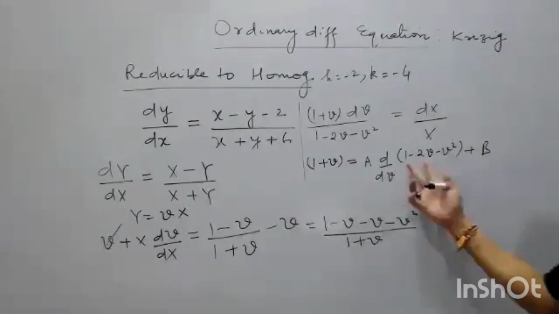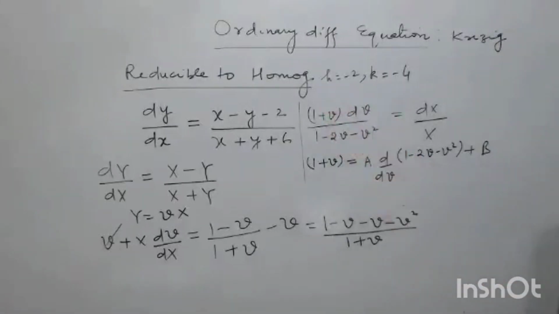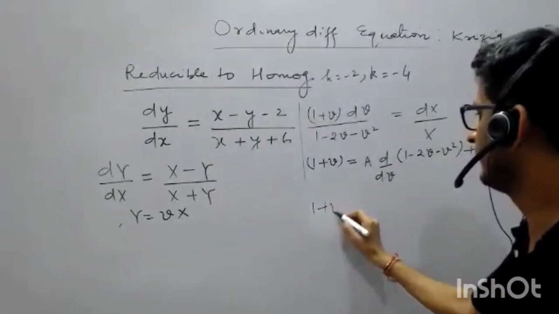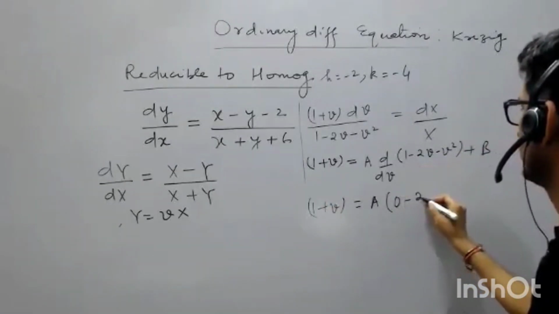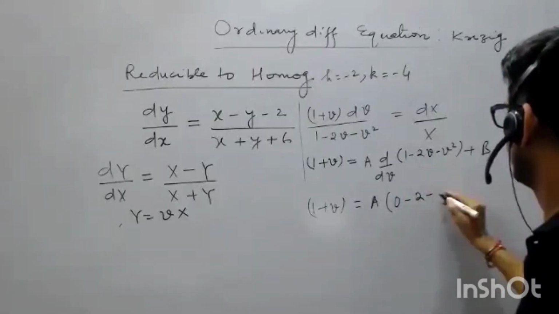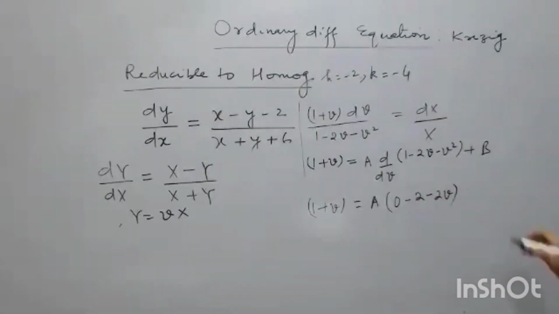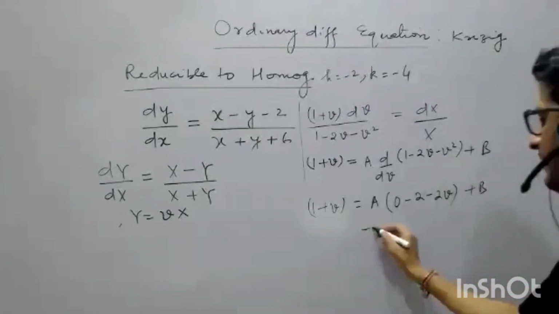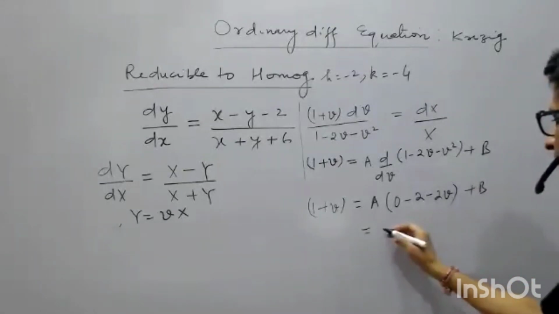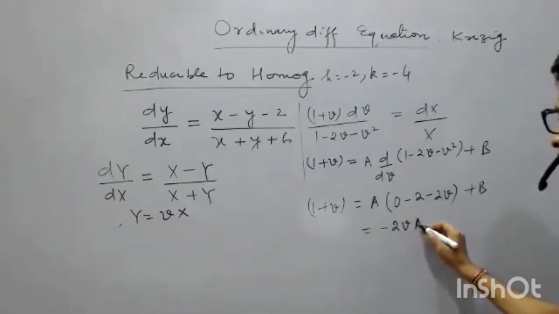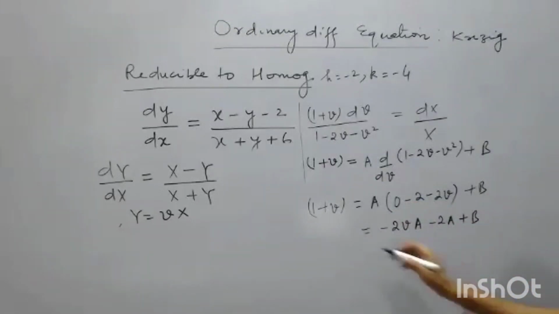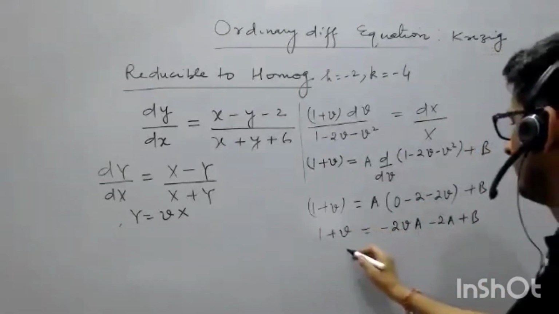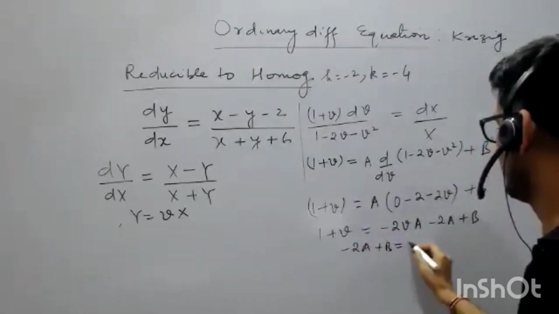Why am I writing this? So that its derivative comes on top, and if you take the denominator as t, it becomes dt automatically. So 1 plus V is equal to A times 0 minus 2 minus 2V, plus B. So it will become minus 2V into A minus 2A plus B. Now compare the coefficients. So minus 2A plus B is equal to 1.